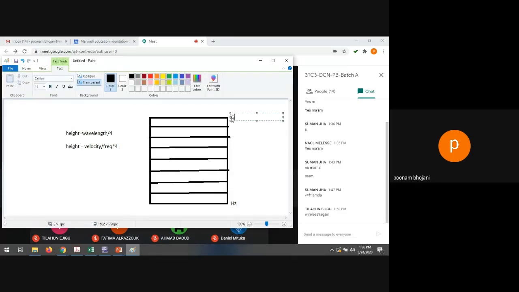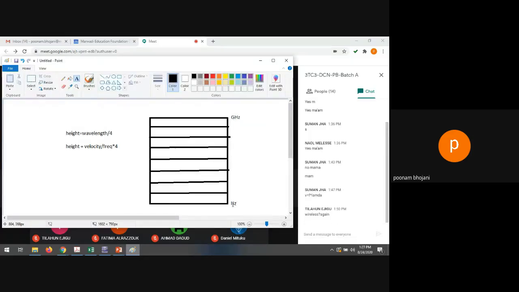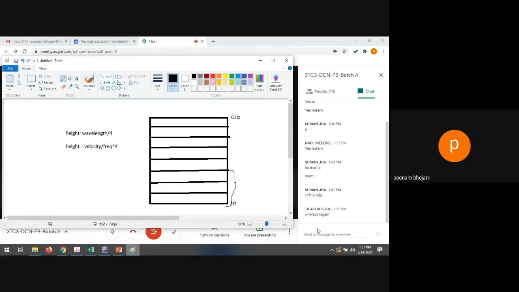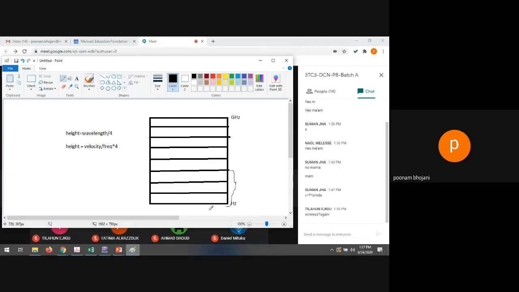The frequencies which are very low are generally used for the wired medium, where you use coaxial cable, copper wire and other types of wires. So wired medium applications have the low frequency range. It means you cannot do wireless communication with low frequency.